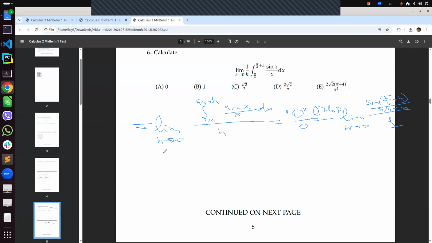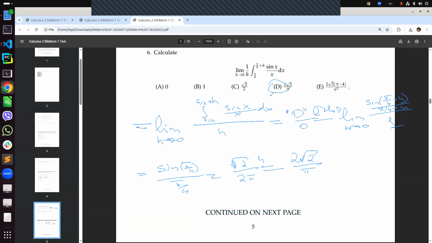So instead of h, plugging in 0, we will get sine pi over 4 divided by pi over 4. Sine pi over 4 is root 2 over 2. So we have 2 root 2 over pi. And we have it here.